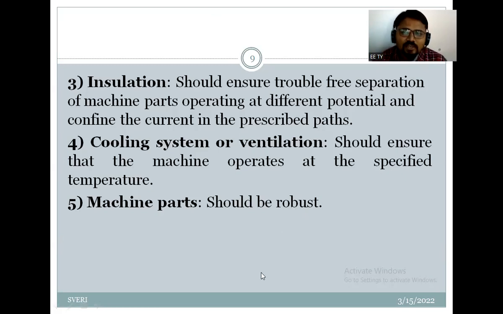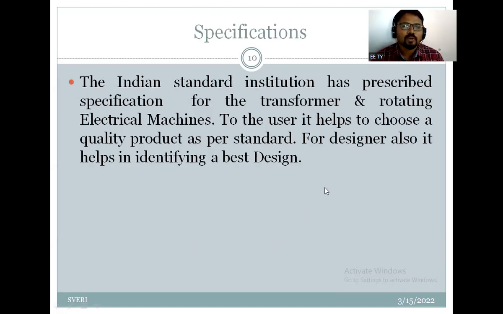Okay. So see, these are the 5 important points that we need to consider whenever we are going to consider the different design factors. Now, after this, a very important point is there that we will cover, that is specifications. So what does that specification mean exactly?